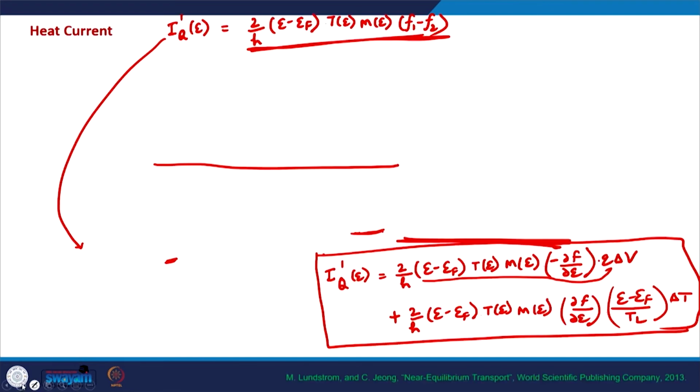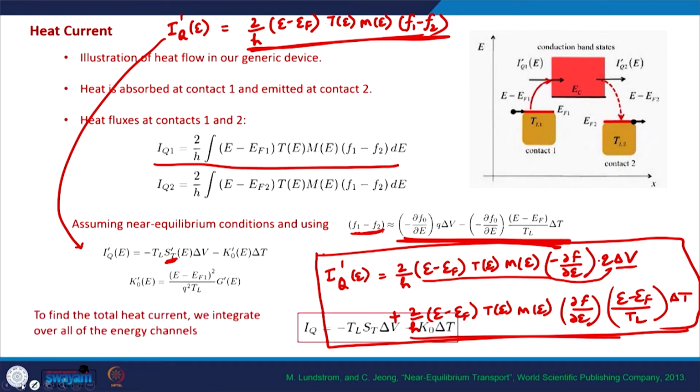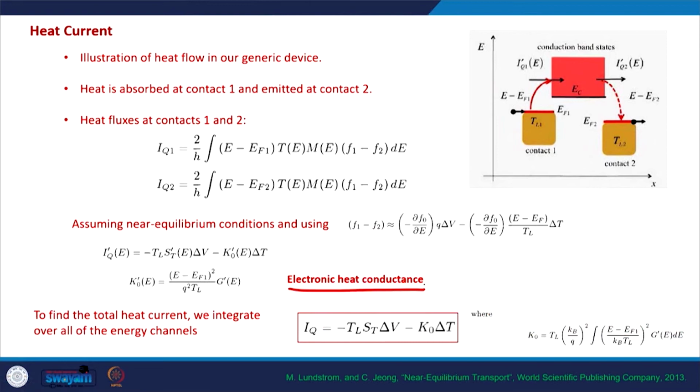So this first term becomes essentially minus TL times ST prime times delta V, and the second term becomes K naught prime E times delta T, where this K is now known as the electronic heat conductance, and this K naught is known as the electronic heat conductance coefficient.